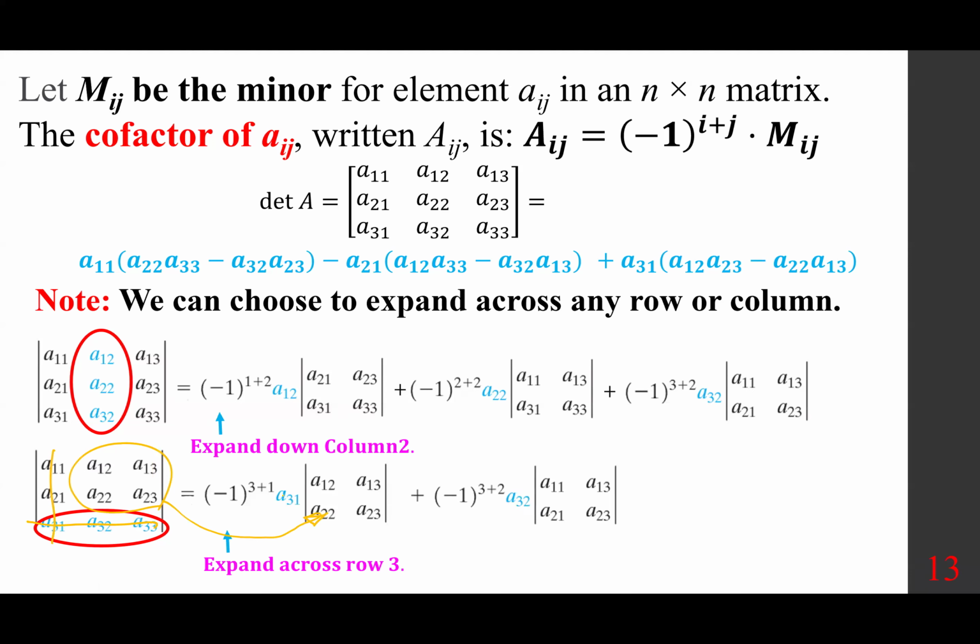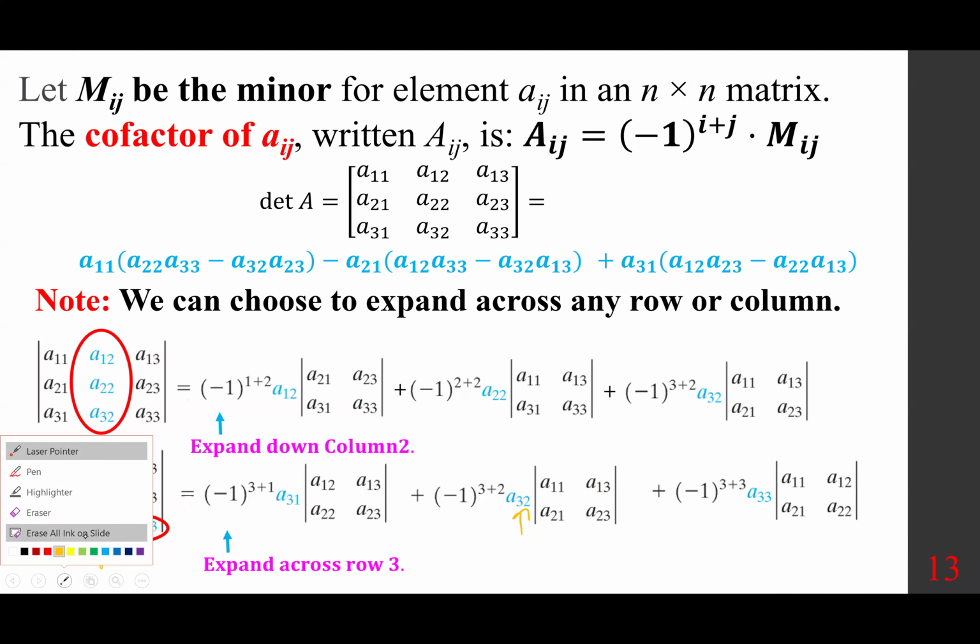Same thing for the second one. You want A32, so get rid of this. So you get A11, A13, A21, A23, and the last one follows in the same.